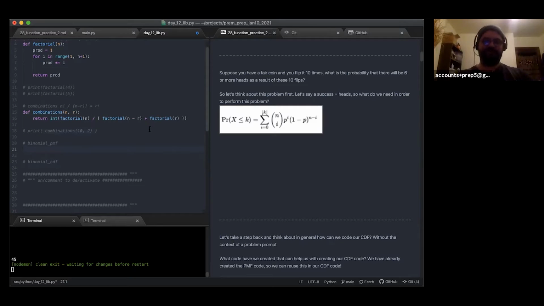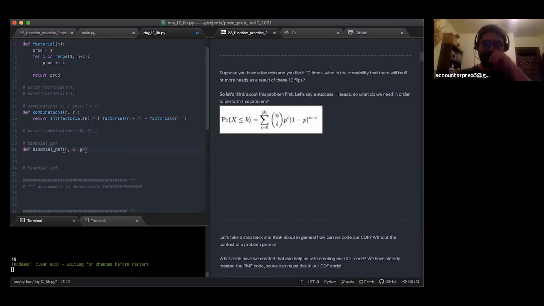So we have our PMF formula right here. We'll just do def binomial_pmf. We'll take in n, k, and p.